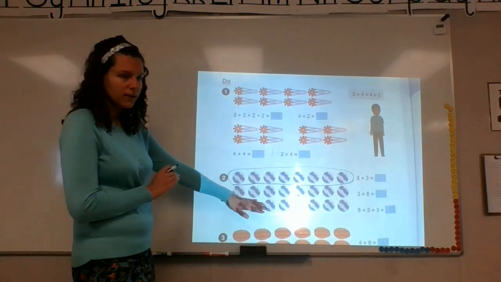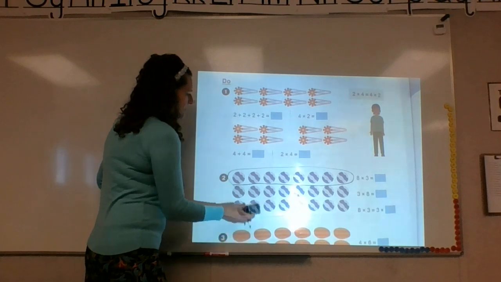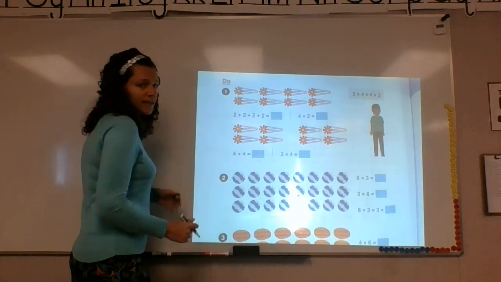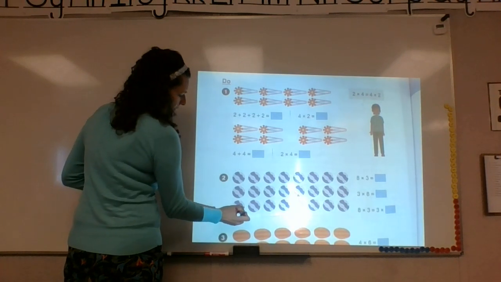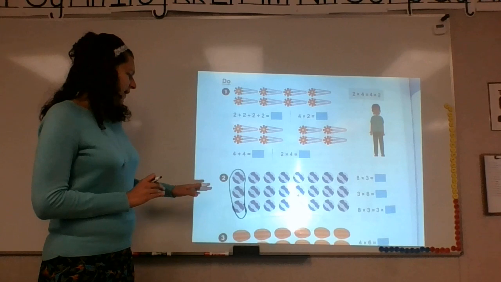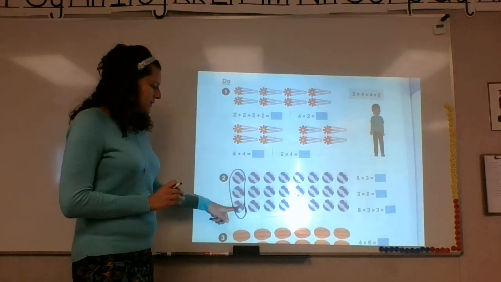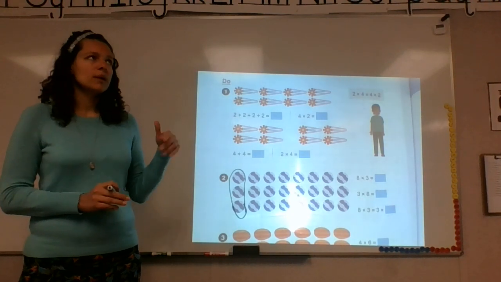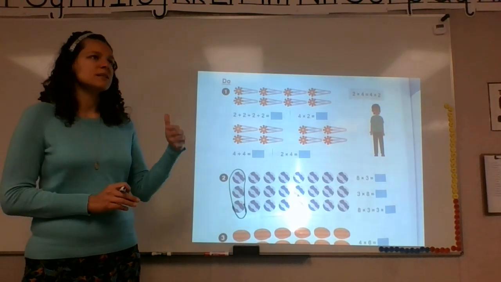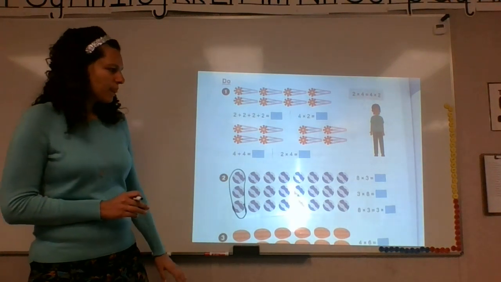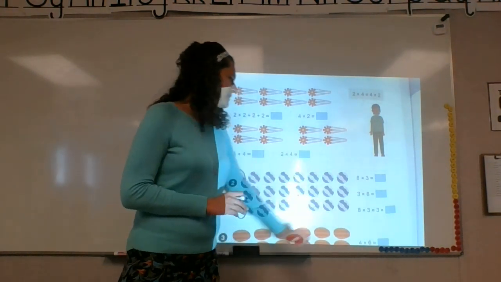The other way that we can look at them is that they're in groups of 3, like this. And there are 8 of those groups all together. So 3 plus 3 plus 3 plus 3 plus 3 plus 3 plus 3 plus 3, or 3 times 8.